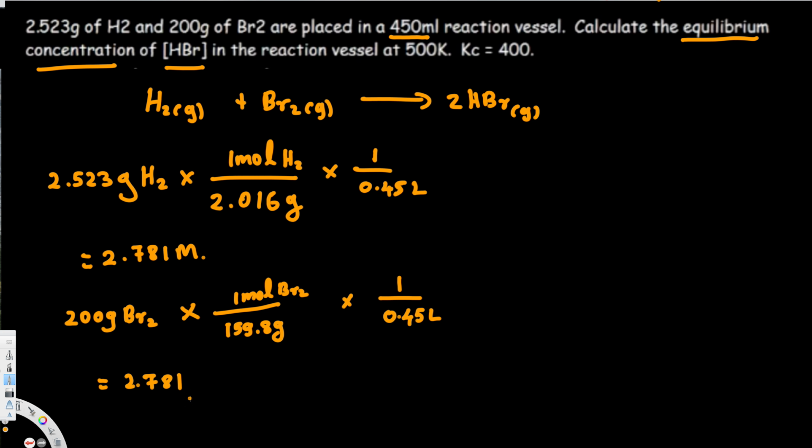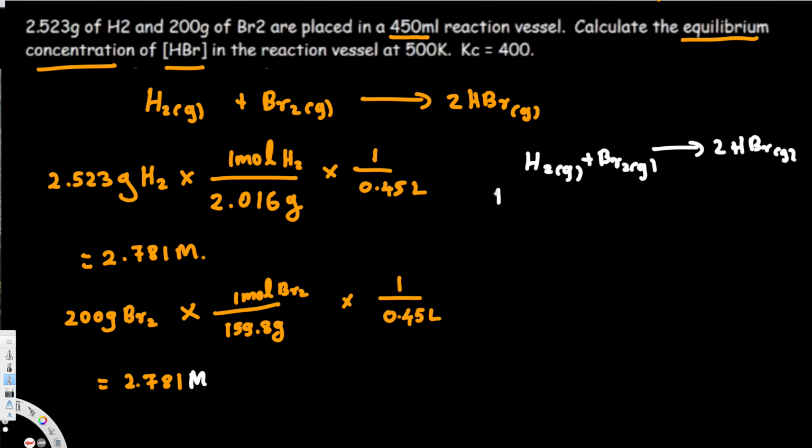Now we can go ahead and create our ICE table. Let's write this equation again. We have H2 gas plus Br2 gas gives us 2 HBr gas, right? Now we calculated the initial concentrations, so this is also molar.